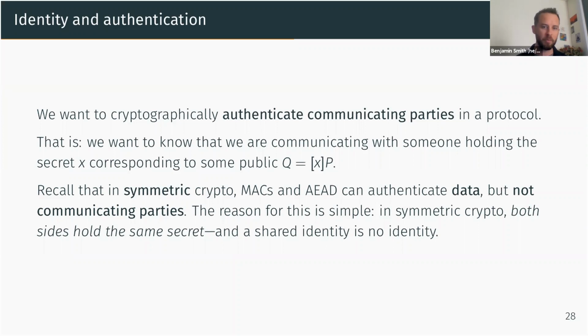So Alice and Bob, if they're using authenticated encryption, like AES-GCM or ChaCha-Poly or whatever, they can communicate in an authenticated way, but Bob can never really be clear that that was Alice at the other end, because Alice could have given the same secret key to someone else. I mean, it's shared, so it's definitively not an identity.